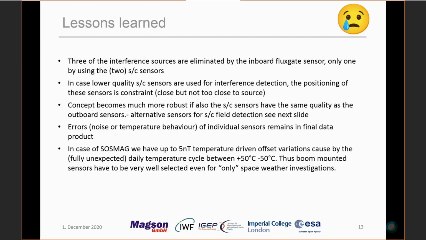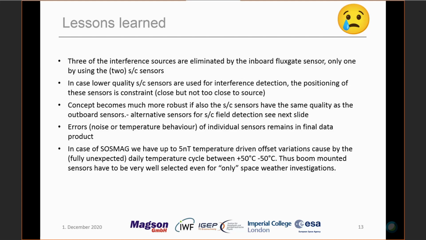With a higher noise level, you have to reduce the distance between the sensor and the disturbers, but not too close, because of the inhomogeneity of the disturber field, and during the planning for the accommodation place for the spacecraft sensors, you have no real pictures of the disturber levels and the exact locations of the disturbers.